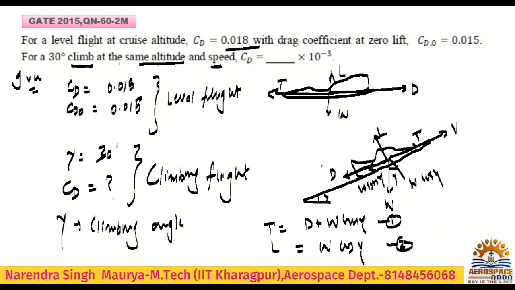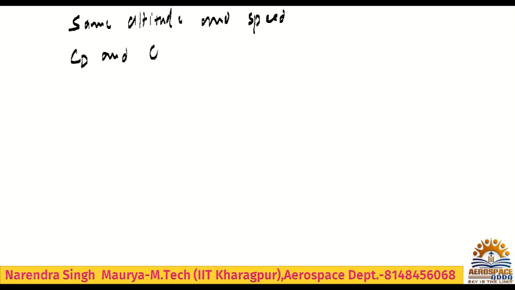One thing is very clear: same altitude and speed is given to you. Now, the drag coefficient CD is given, and CD naught is given.